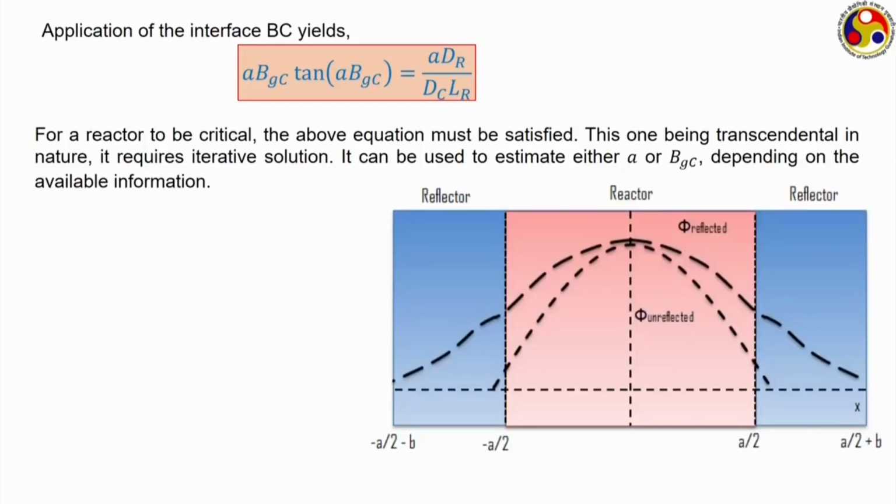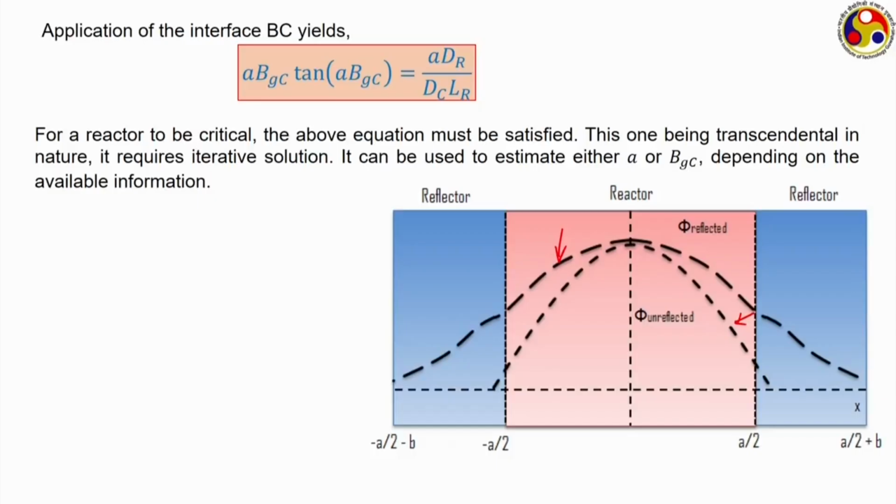This is the kind of profile that we are going to get. The first one is unreflected. There is no reflector there, and we can see the rapid decline in the neutron flux distribution. But once we put the reflector in, look at what we are having. This is the corresponding flux distribution, and it is definitely much flatter, reaching zero only at the edge of the moderator.